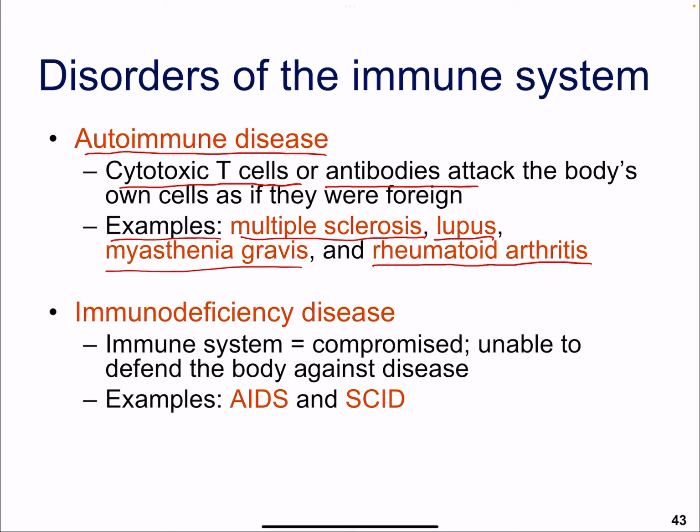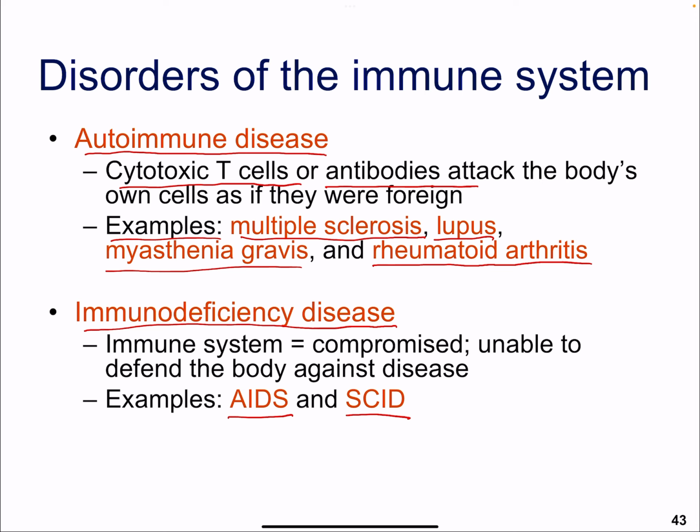Now, last but not least, we're going to have immunodeficiency diseases. Some examples of immunodeficiency diseases are AIDS and SCIDs, right? Immunodeficiency diseases are when our immune system becomes weak because our blood cells are not there to protect us.